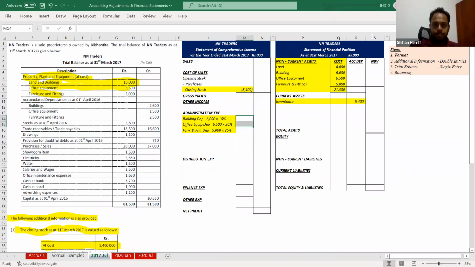So what are the values? This is 600. Then 1,300. Then 1,250.